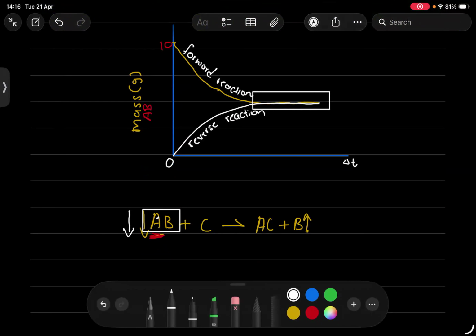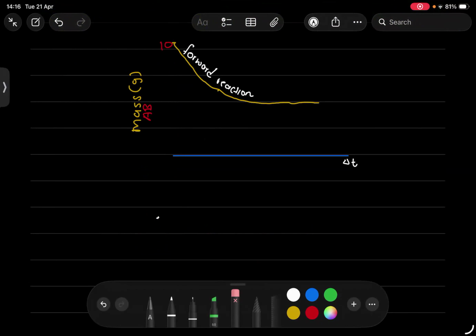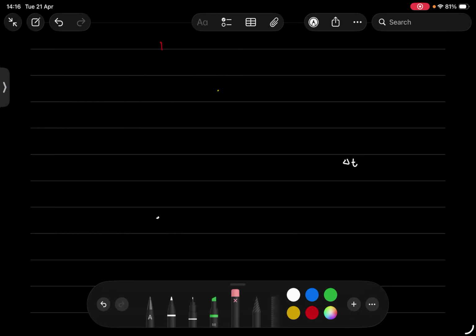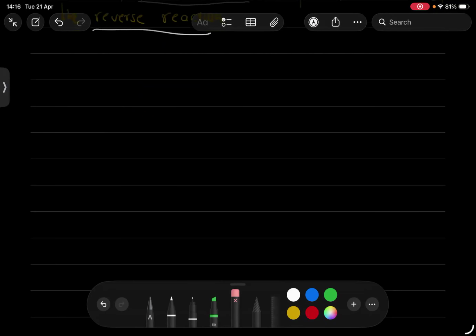Let's focus more on the factors that affect the chemical equilibrium.